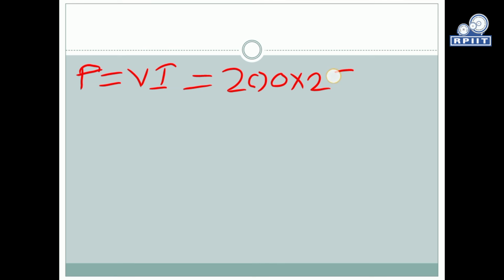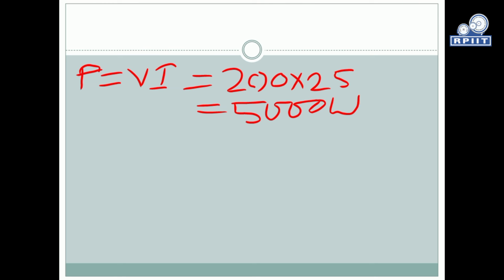The total power supplied to the circuit is P equal to VI. Here voltage is 200 and current is 25. So the total power is 5000 watt.